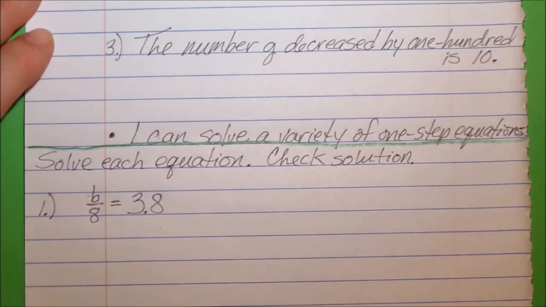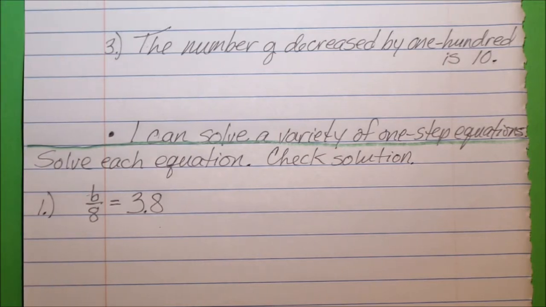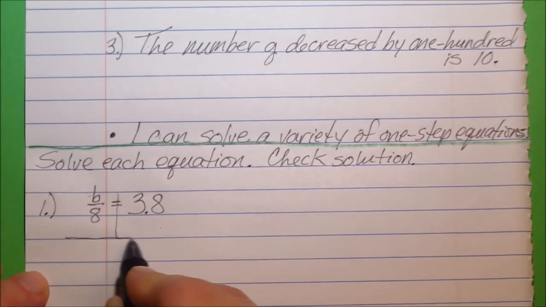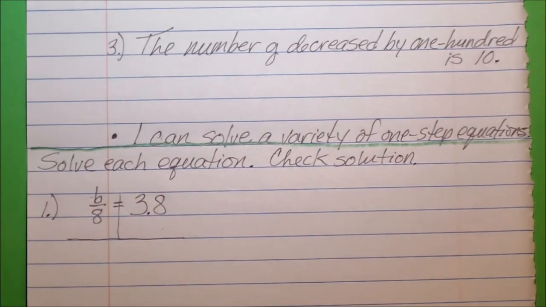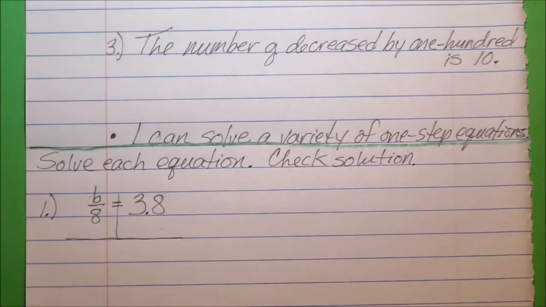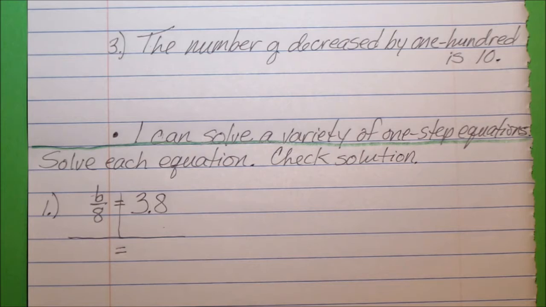Okay, so I know my first step. I'm gonna build my fence here, as I like to say. My first step is I need to figure out what inverse operation I have to apply to get b by itself. B wants to be on its side of the equation in his little house all by himself. So I have to get rid of the 8.